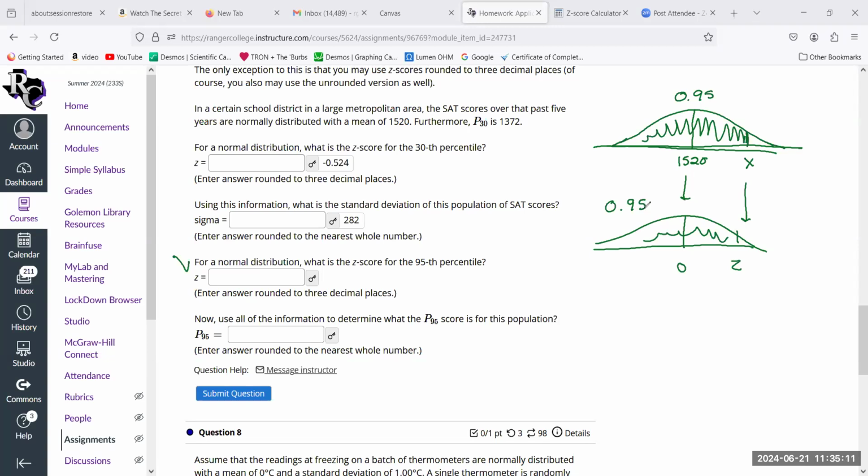So I always have to find z-scores first. So once again, I'm trying to find a mystery z-score in which 95% of all my z-scores have to be less than it. So once again, we have a probability and we're looking at a less than probability.